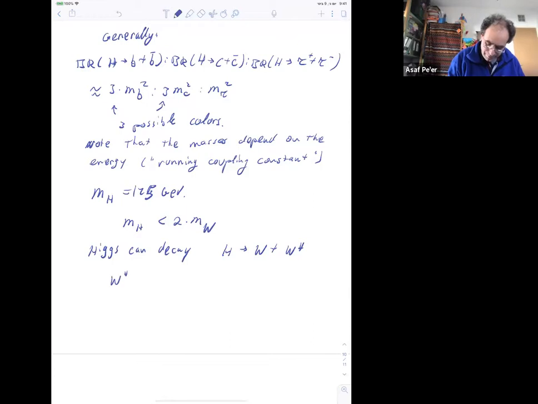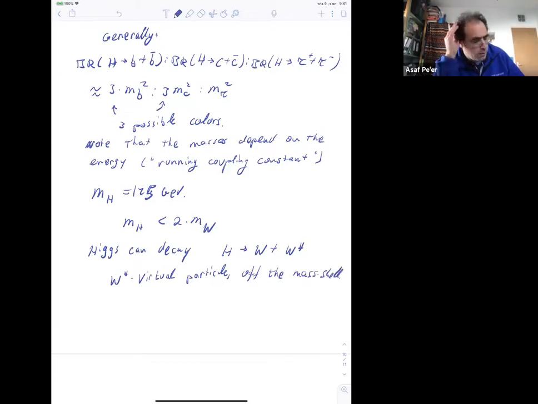W star, a virtual particle off the mass shell, which means that Q squared is smaller than mW squared, which means essentially that this W by itself is going to decay pretty quickly into something else. But that essentially means that the decay amplitude is going to be suppressed.